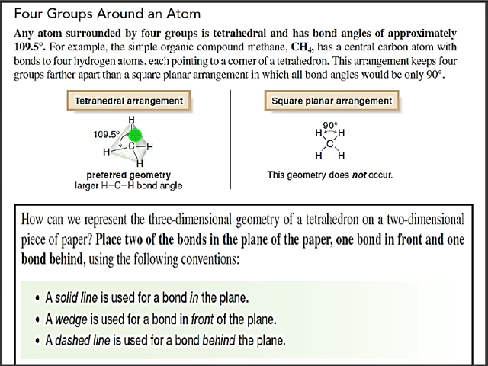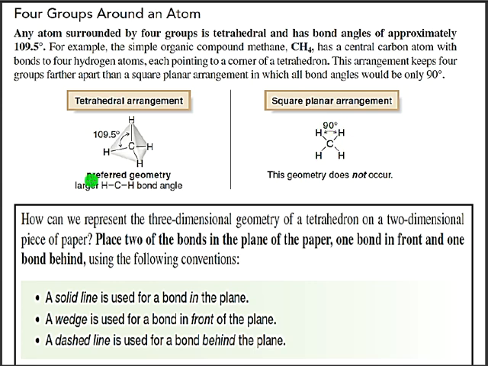This arrangement keeps the 4 groups further apart than the square planar arrangement, in which all bond angles would be 90 degrees. That means if we put the carbon in square planar, the angle here is 90, and the distance between 2 hydrogens will be small.